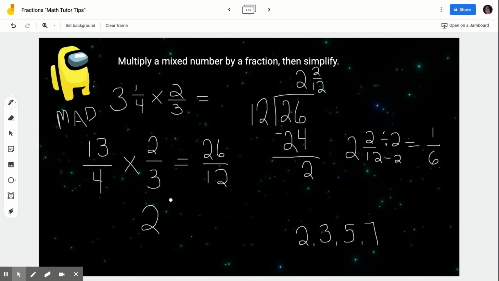It's just the fraction that goes down to lowest terms. It didn't change the size of the fraction, just the numbers in the fraction. All right, so the answer, 3 1/4 times 2/3 is 2 1/6.